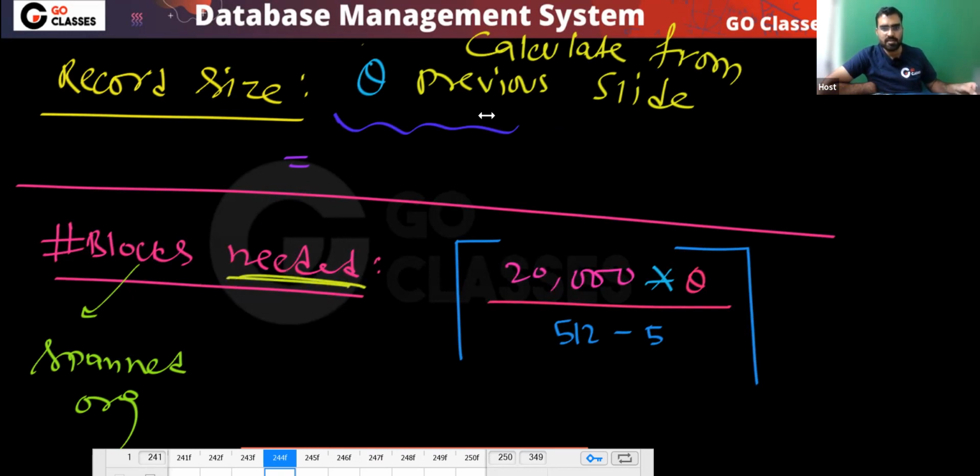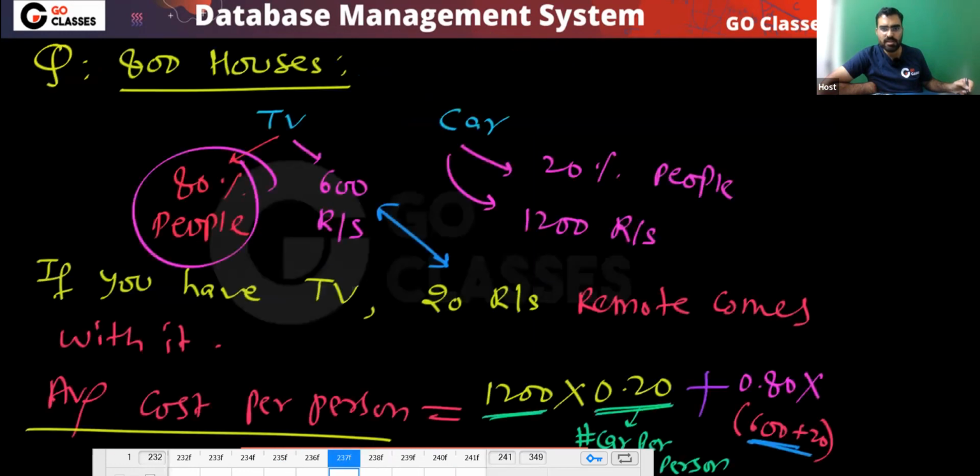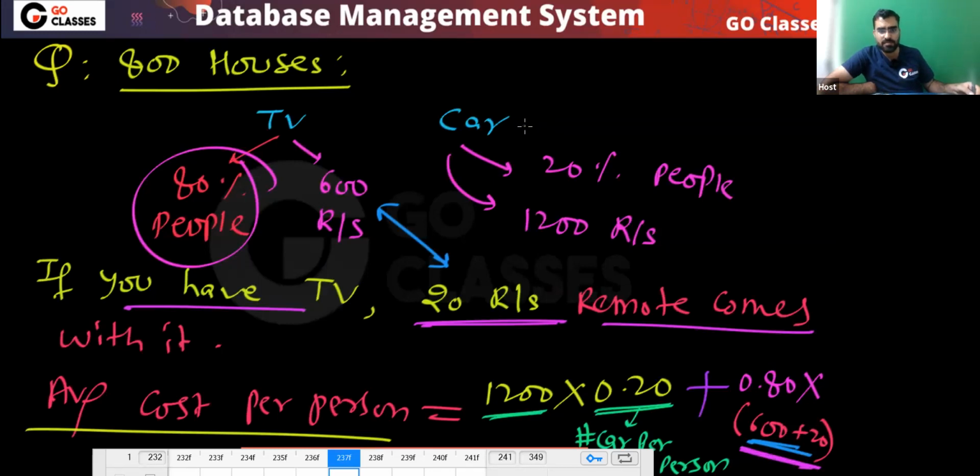That's it. This is your practice for today. If anyone has any doubt, let me know. In this analogy, if you have doubt, let me know. So 20 repos, extra rupees you have to give. That is the reason 600 plus 20. This will be 620, Nikhil.